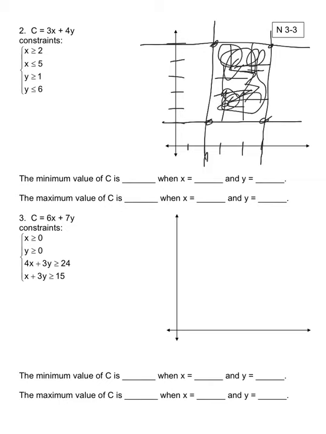Okay, so the coordinates of those are, for this first one, over 2 up 1, the top one was over 2 up 6, the other corner was over 5 up 6, and the bottom one was over 5 up 1. Okay, I'm going to use those to build my corners, my table again.